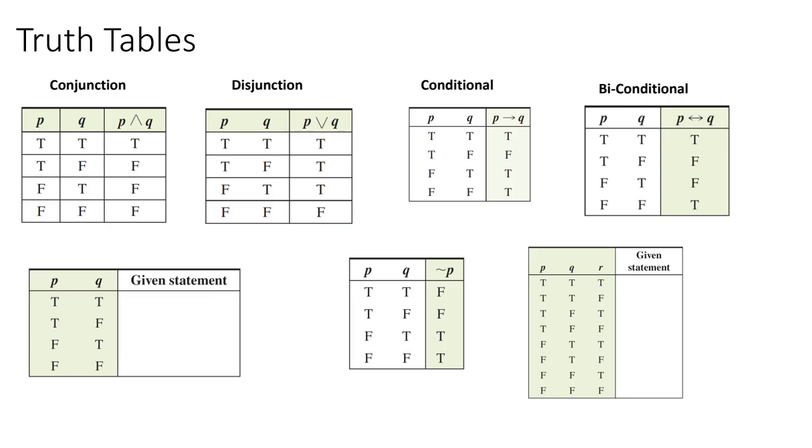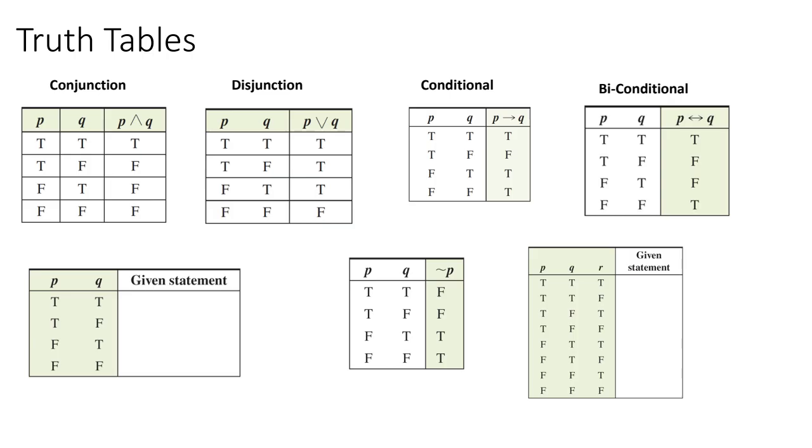The disjunction is the "or" proposition. This is the opposite. It's going to be true as long as one of them is true. So if both of them are true, it's fine. If one of them is true, then the whole statement is true. And only when both of them are false, it becomes false.